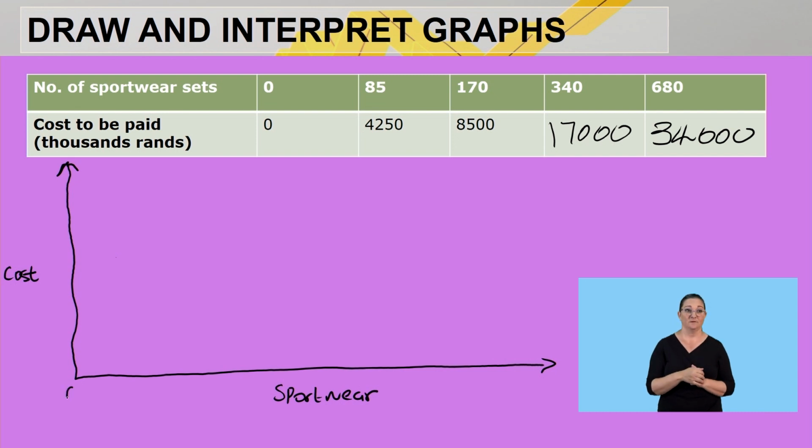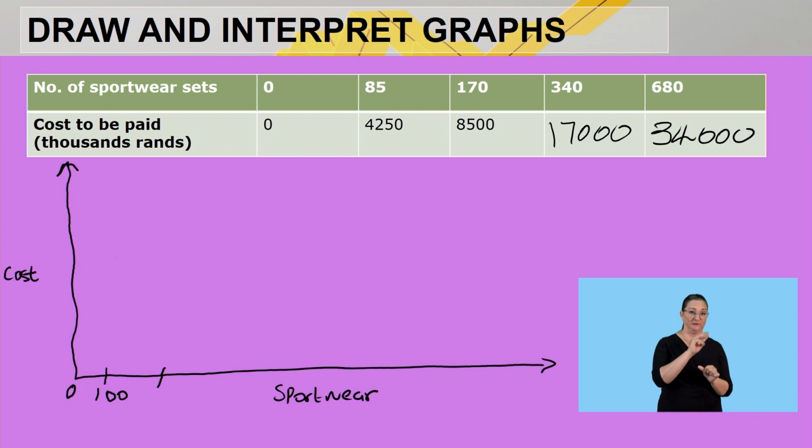Then you will have your point of origin, which is 0, and then now you will have to choose the appropriate scale. So here you can use 100 or 200, or let's just keep it simple. Let's say 100.